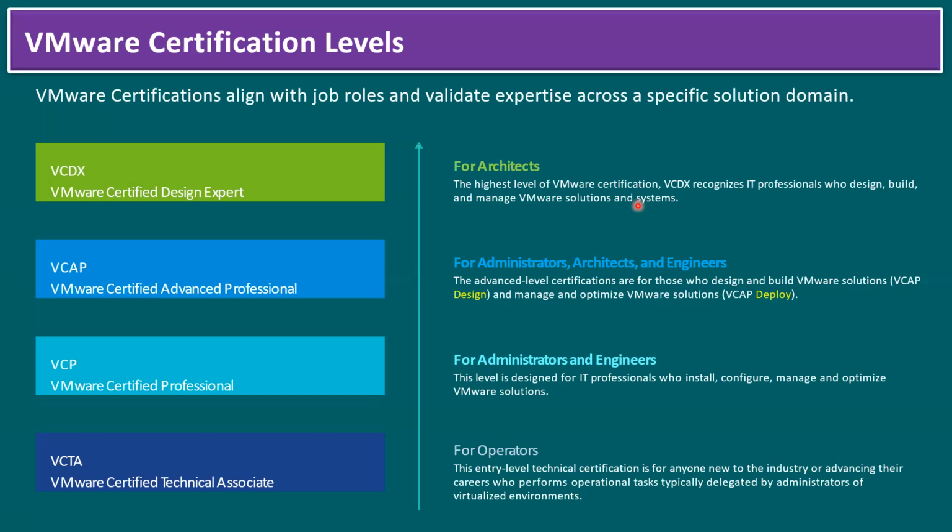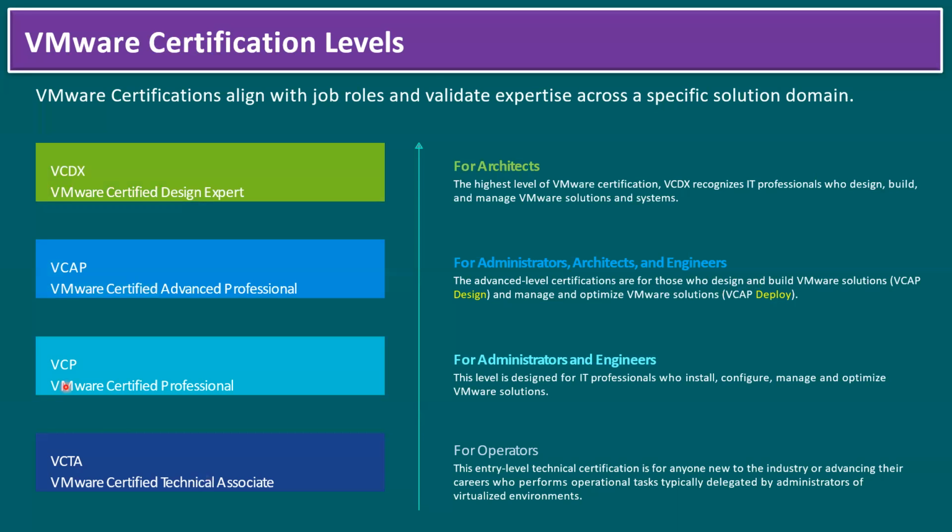Coming to my own certification journey, my career started as a desktop support engineer. From desktop support, I moved to server admin, Windows Server admin. Later, when I started learning VMware, during my time there was no VCTA, Technical Associate certificate. My career started from a VCP, and only recently VMware launched the Technical Associate certification. So I did the VCP followed by the VCAP.